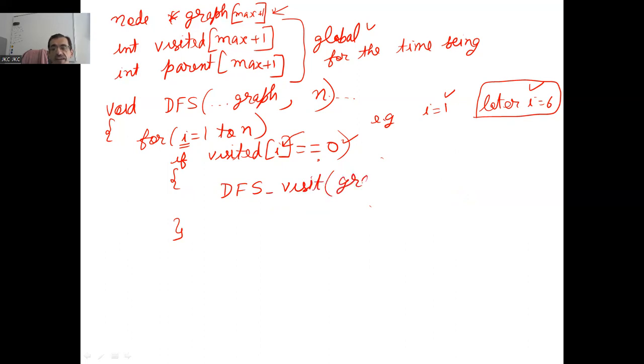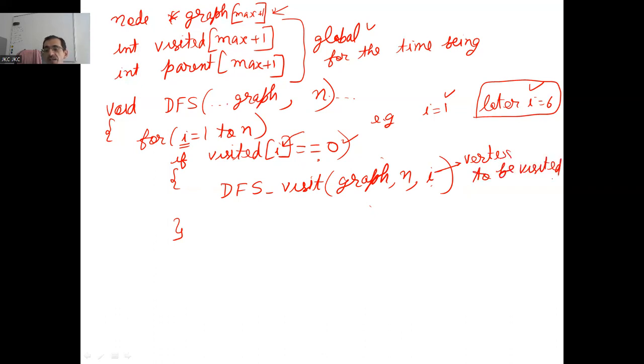Of course, the graph and n are to be passed, but do I need something more to be passed? Yes, because I said treat the ith vertex as visited and explore the ith vertex's adjacents. That means this function also needs i to be passed, the vertex which is to be visited and explored.